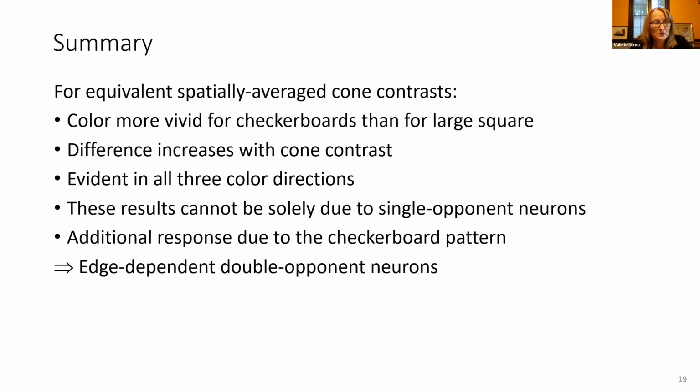Again, if these responses were due only to spatially averaging single opponent neurons, we should have expected the responses for checkerboards and squares to be the same. However, our data showed larger perceptual responses for checkerboards than squares. As the spatially averaged contrast is the same for both stimuli, this perceived increase in saturation must be due to the checkerboard pattern, and this implicates edge-dependent double opponent neurons.